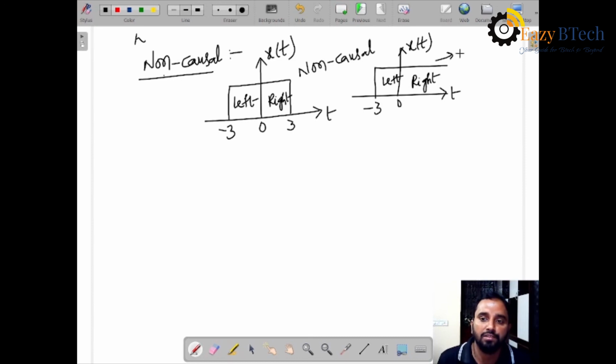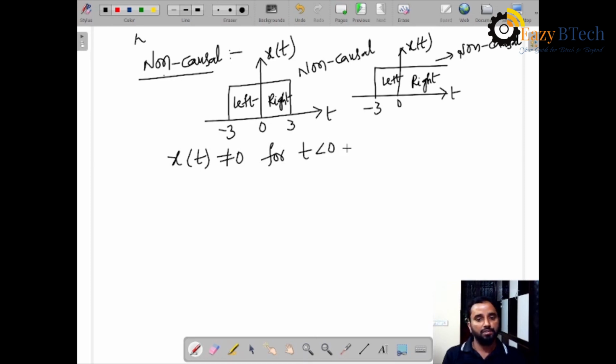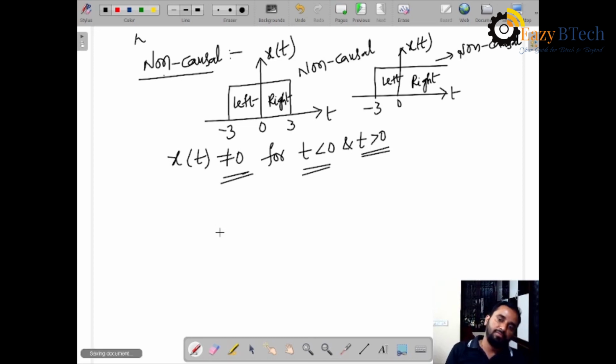So that means x of t is not equal to 0 for t less than 0 and t greater than 0. Then non-causal. Okay.